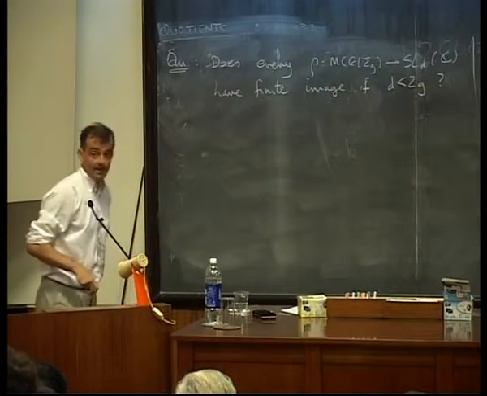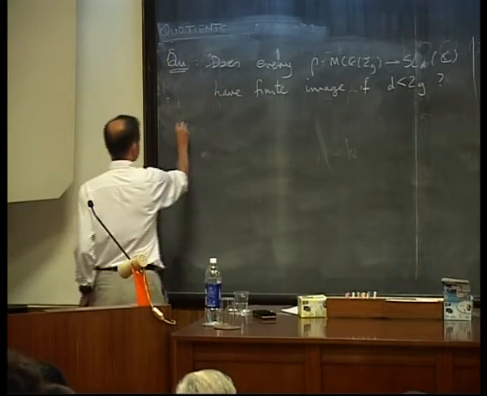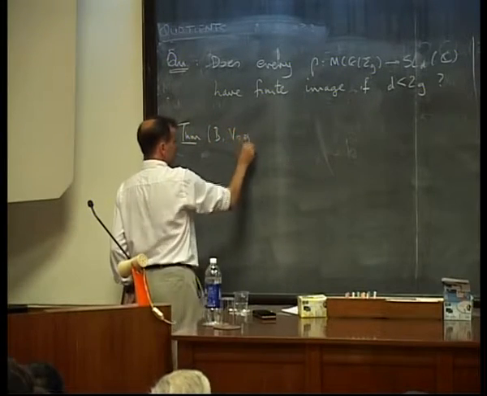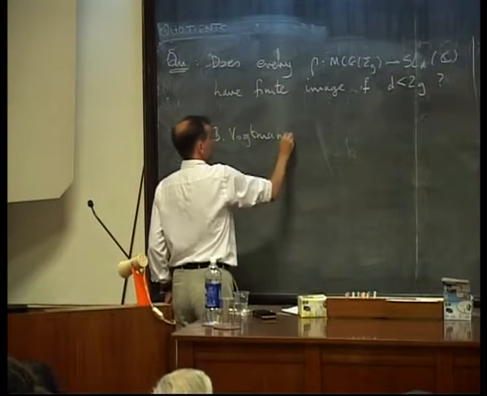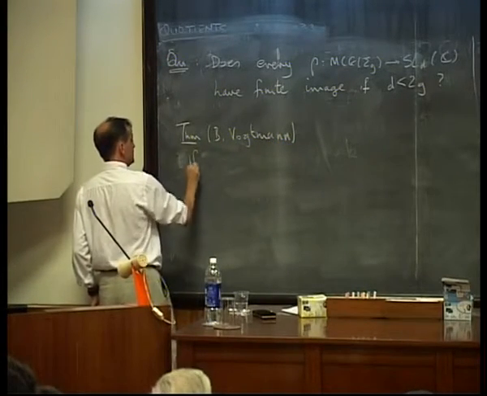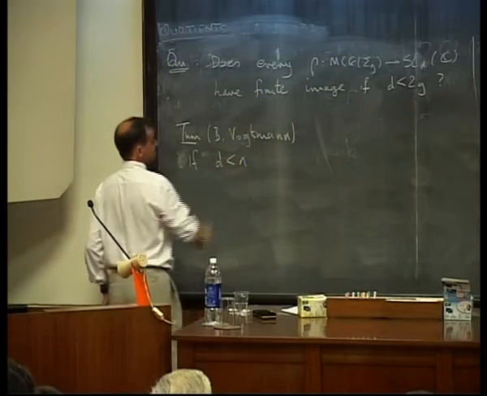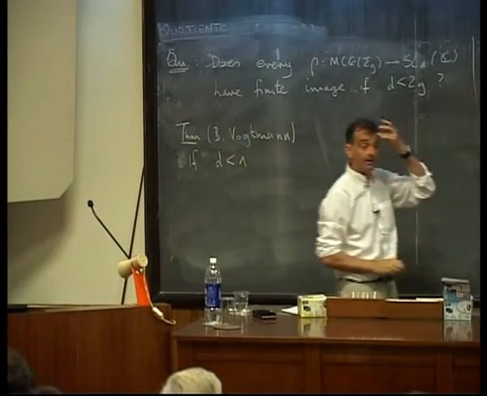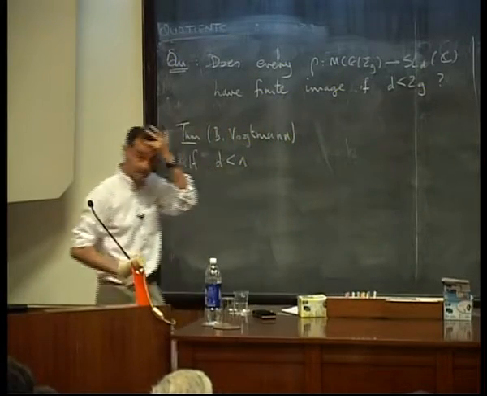Now, for Out(F_n), there's a theorem like this. Okay? There's even a topological theorem due to myself and Karen Vogtmann that says, in fact, if D is less than n, so the corresponding thing for Out(F_n) should be not 2G, but n, okay, because that's the dimension of the representation on homology.